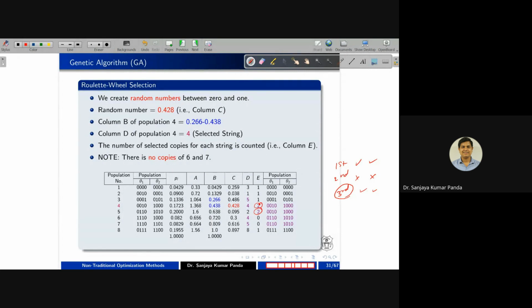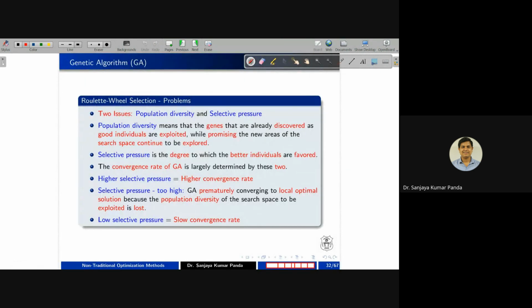Selective pressure focuses on the degree to which the better individuals are favored. No doubt both are focusing on how we are going to get good individuals. Sometimes this type of solution leads to a higher convergence rate or slow convergence rate, right? A higher convergence rate happens with high selective pressure, and low selective pressure leads to slow convergence rate.